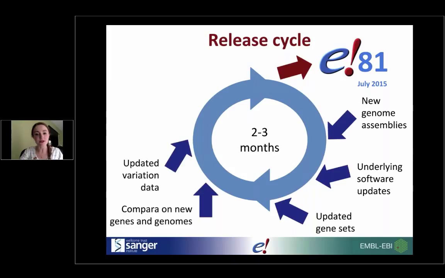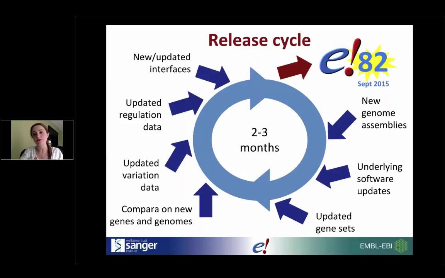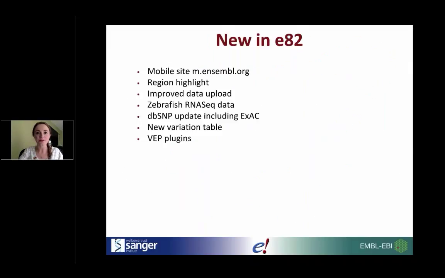The benefit of doing it this way is that everything is traceable, so everything goes in and we bring out a new release all in one go. We put a release number on it so that you can use the particular releases, and you can go back in history and look in archive sites in order to get the older versions of data and match it up with things that you might have read in a paper or written in your own lab book.